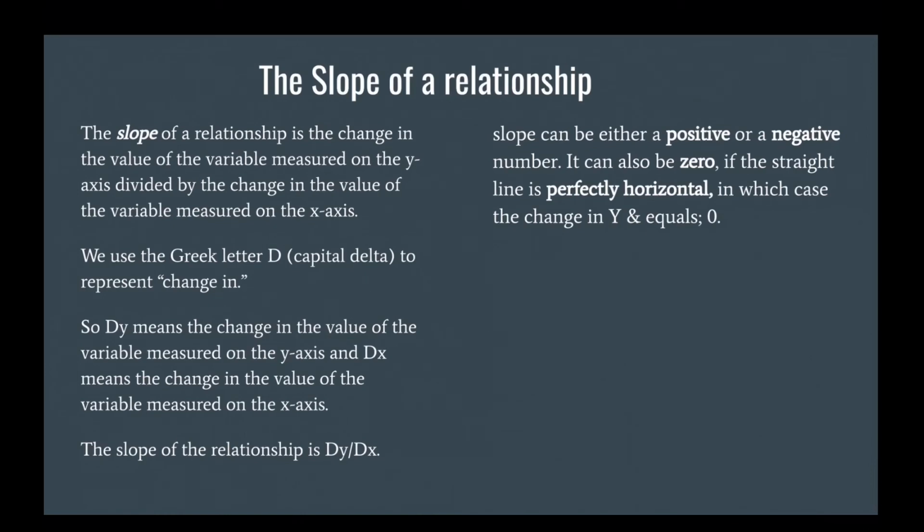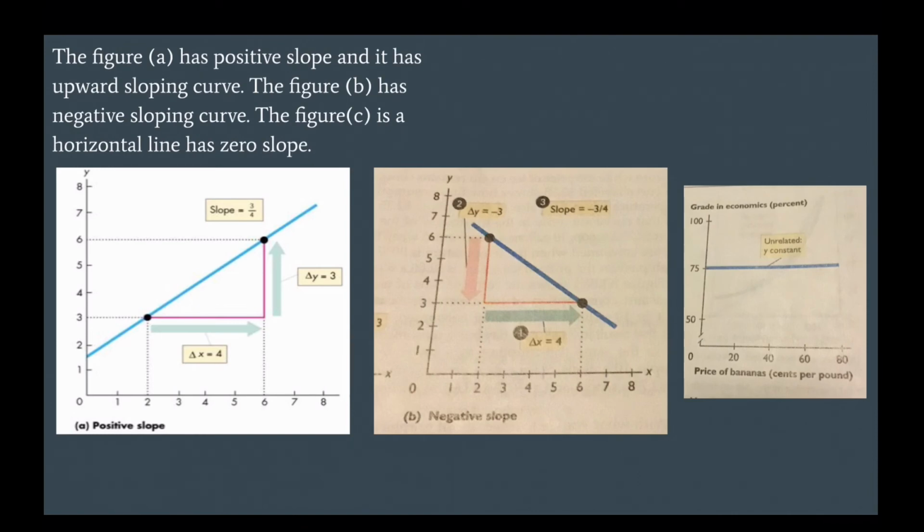Slope can be either a positive or a negative number. It can also be 0 if the straight line is perfectly horizontal, in which case the change in y equals 0. So this is the visual representation of positive, negative and 0 slope.